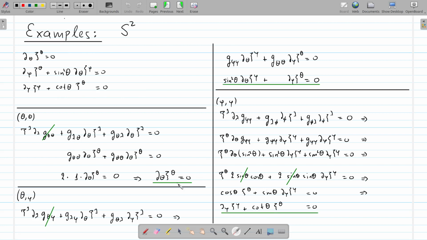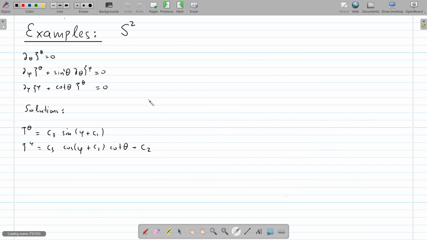So we have obtained three non-trivial equations for the xi theta and xi phi components of the candidate Killing vector field. This one is the first one, the second one, and the third one. The solutions can easily be seen to be given by those expressions here which involve three arbitrary constants. You can convince yourselves that this is a solution by substituting into those three equations here.